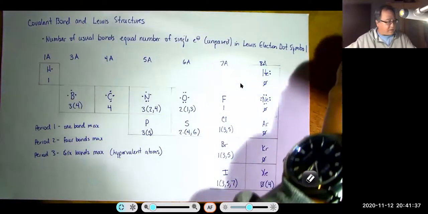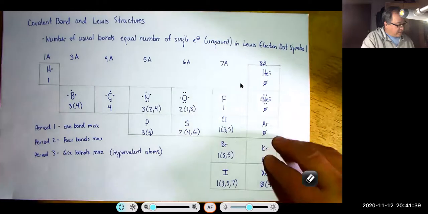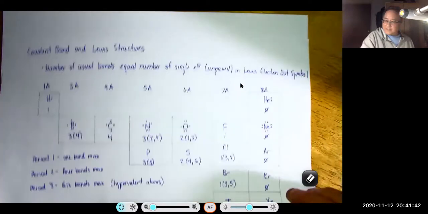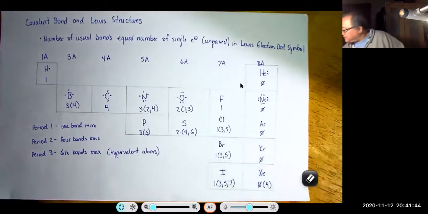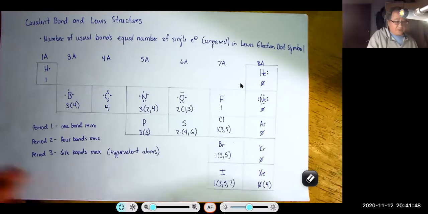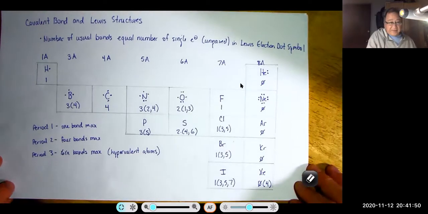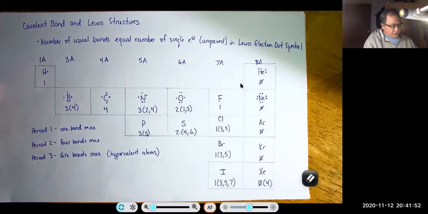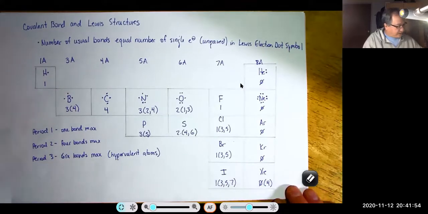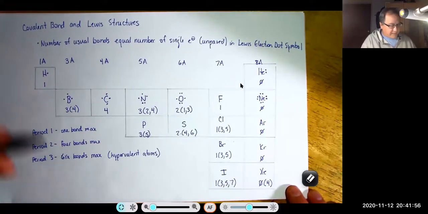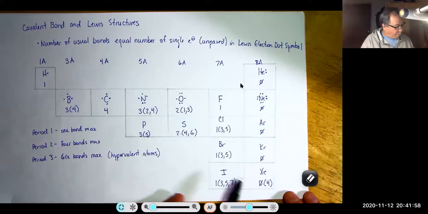So what we're going to be looking at next are exceptions to the octet rule. And the reason I have this here is it can show you exceptions to the octet rule, or how we might come to exceptions to the octet rule.